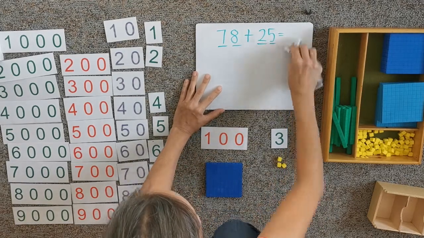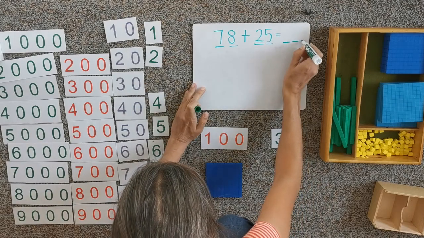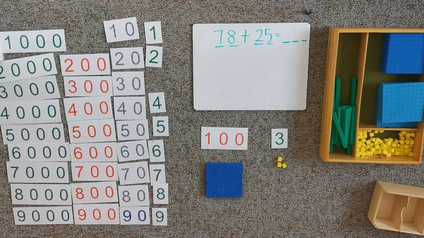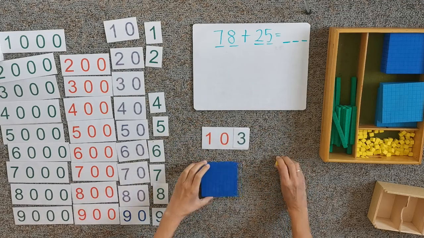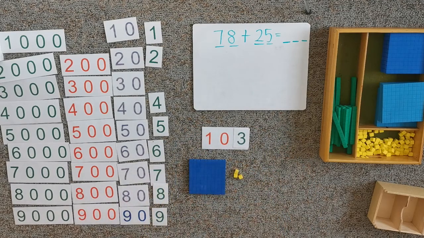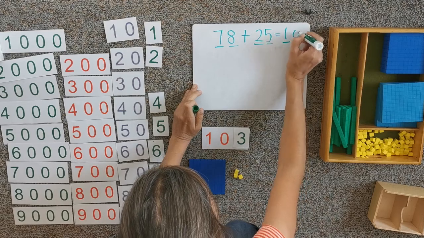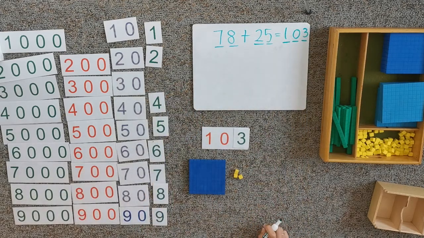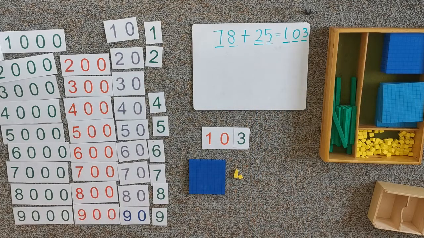Surprisingly, I don't have just a 2-digit number here. I have a 3-digit number that I created. I have 103. Remember, the ones always go on this side. So this is 103. 78 plus 25, 103.